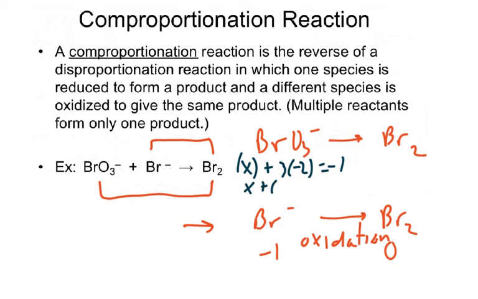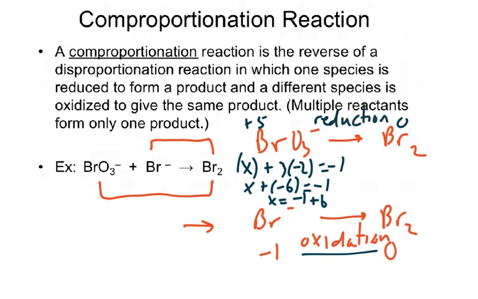So X plus -6 is equal to -1. When we continue doing the algebra, you got -1 plus 6. So you'll see that bromine here is actually a +5. And then it goes to a 0 over here. So he's becoming reduced. So you got your oxidation down here, and then you got your reduction.